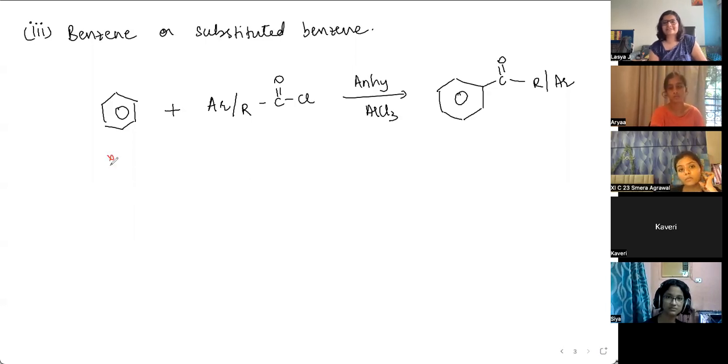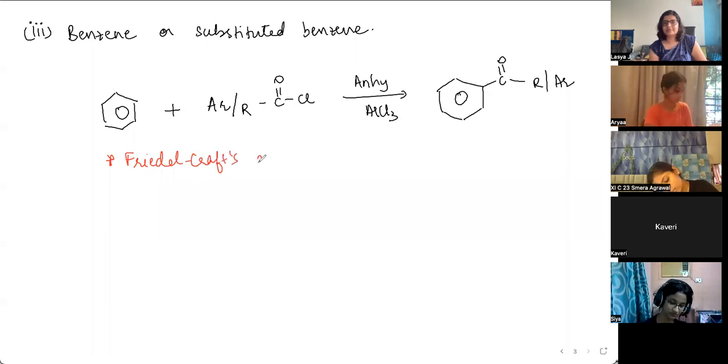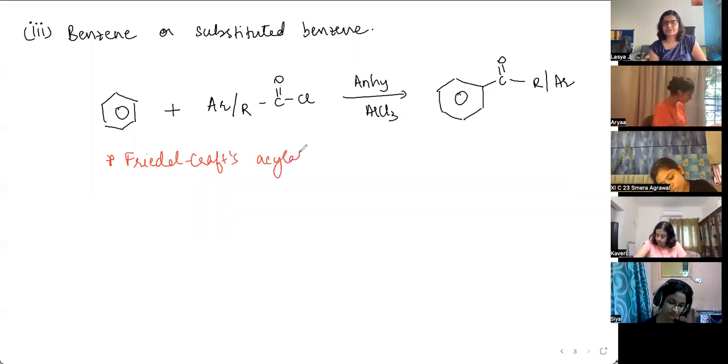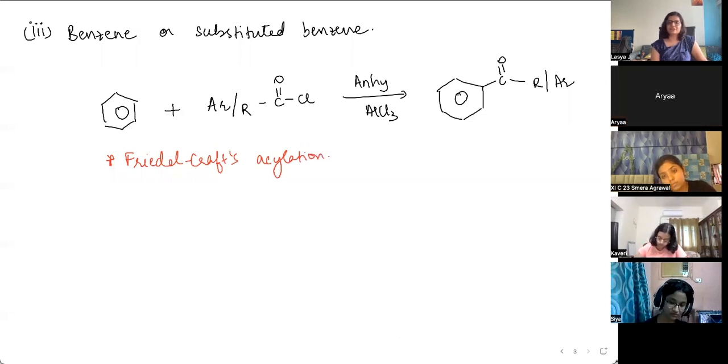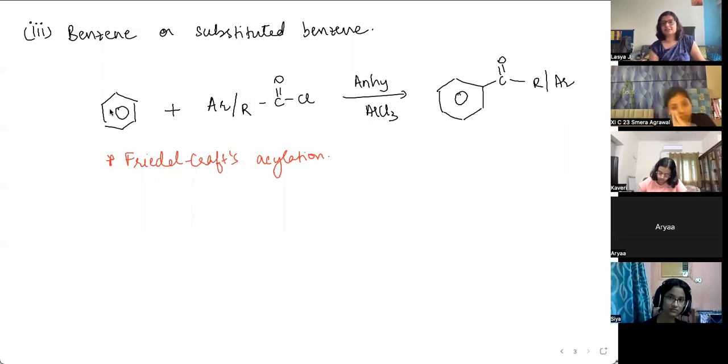Friedel-Crafts. Yes, this is Friedel-Crafts acylation. In case you use a substituted benzene, you're going to get the respective product, either at the ortho, para position or the meta position.